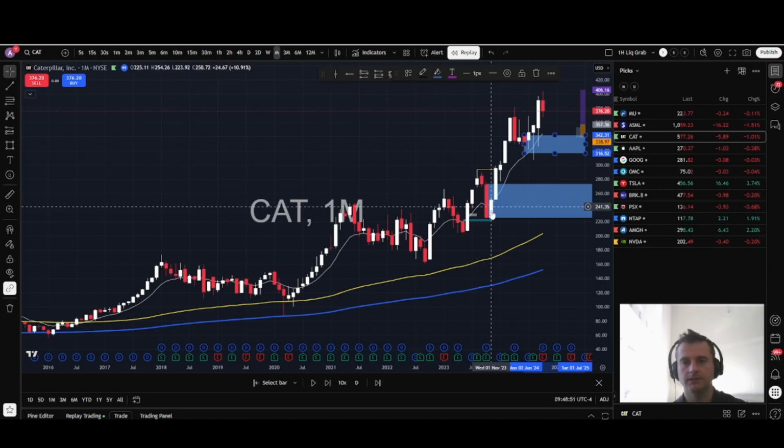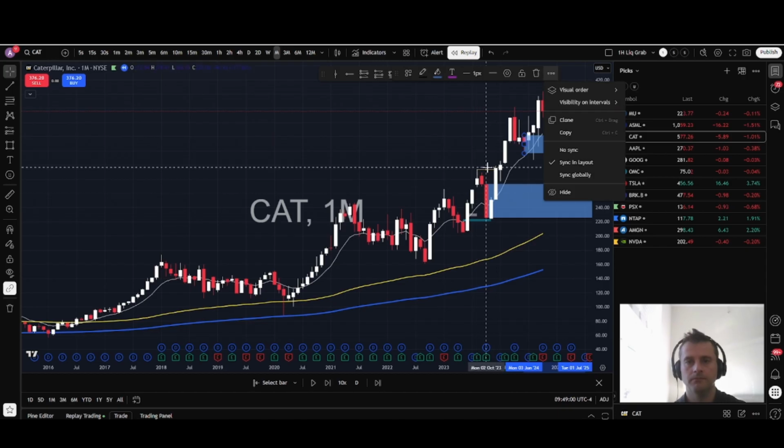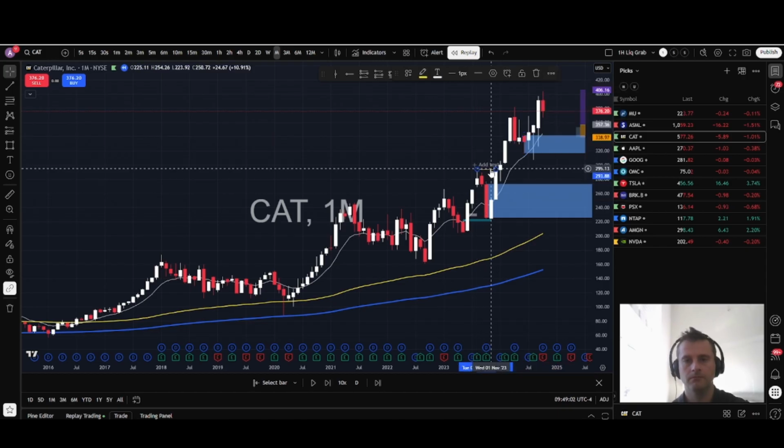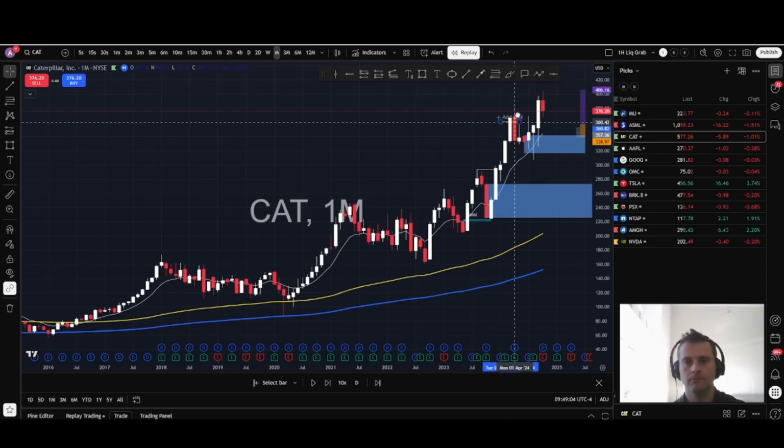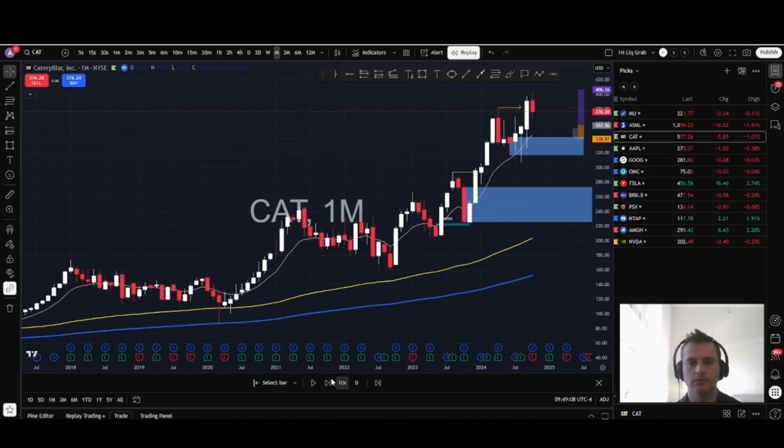So in this case, this demand zone surpassed this peak, and then right over here it surpassed that peak. So in that case, what we do is we wait for the price to come down to that zone on the monthly time frame.